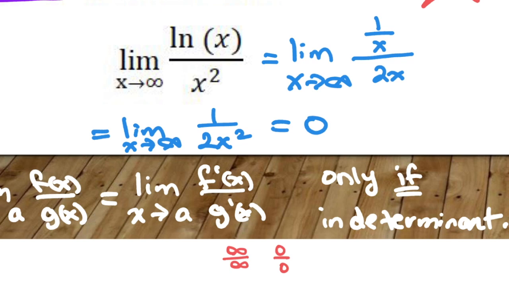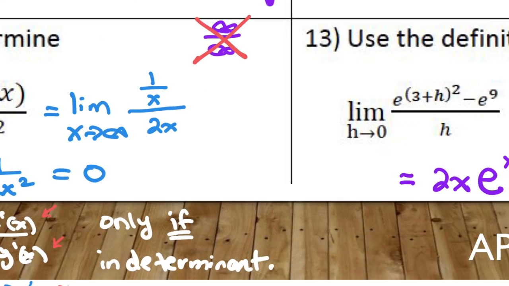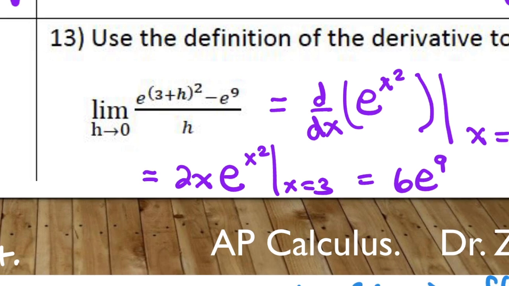If you have one of those forms, you can take the derivative of the numerator and the derivative of the denominator and try to apply limits again. Now, just to be certain you're on the same track, you are never, ever allowed to write the infinity over infinity or 0 over 0. So if for some reason you have written it, you must cross it out so that it will not be part of your graded exam.